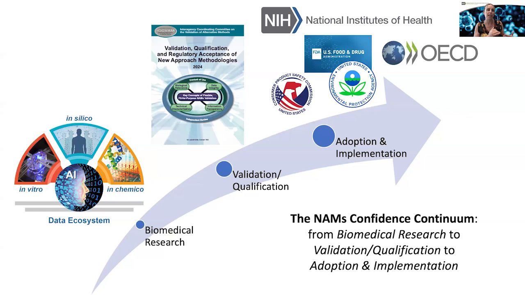And what we really need to advance the field of human relevant science, both for public health protection and for better understanding of the mechanisms behind human health and disease, is investment across this entire continuum, from the biomedical research space and basic science through to validating and qualifying models that represent human biology and how that biology can be perturbed and lead to disease, and then leading to adoption and implementation, not just within the US, but worldwide.